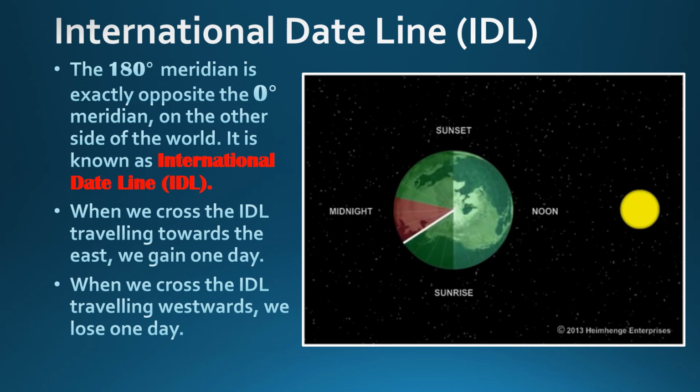And when we cross the IDL traveling westwards, we lose 1 day. You can see this in the video that the earth is revolving. One side of the earth loses 1 day and the other side of the earth gains a day.